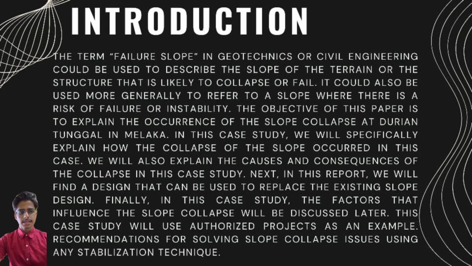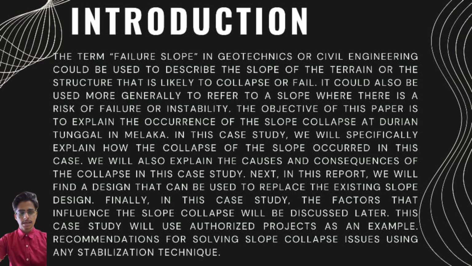In the case study, we will specifically explain how the collapse of the slope occurred in this case. We will also explain the cause and consequence of the collapse in the case study. Next in the report, we will find the design that can be used to replace the existing slope design.